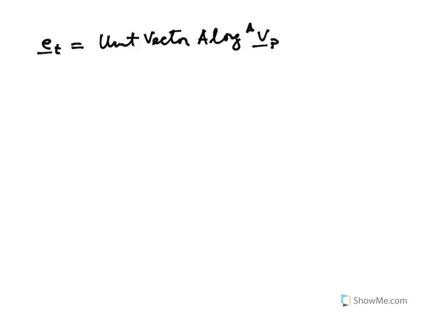Now E sub t, as I said, is the unit vector along VPA.